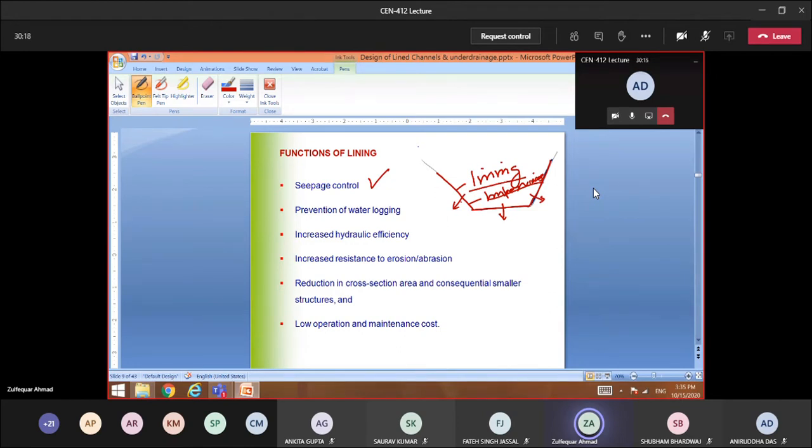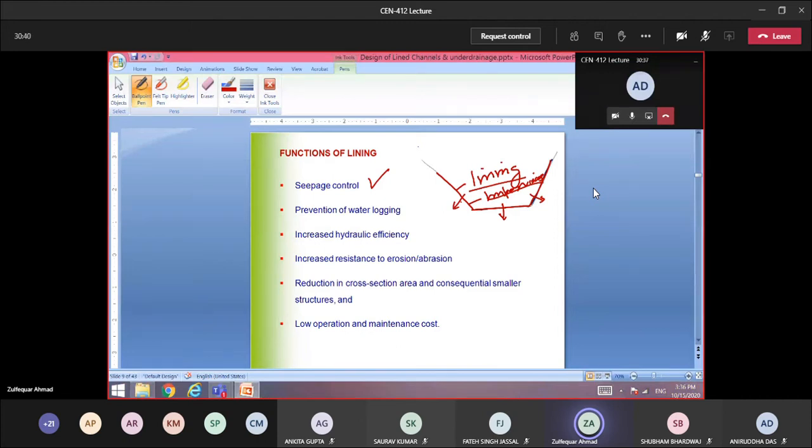Even with the concrete lining, after some time there are cracks in the lining, and also at the construction joints there is loss of water, I mean seepage of water. But since the surface is lined with impervious material, your seepage control will be there.